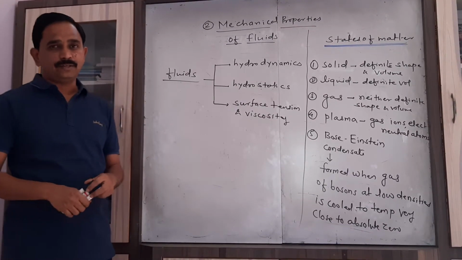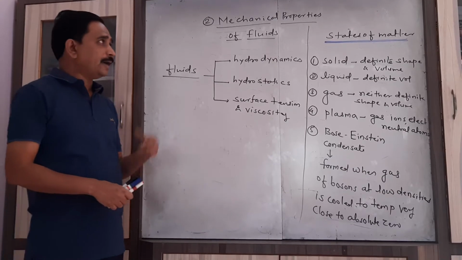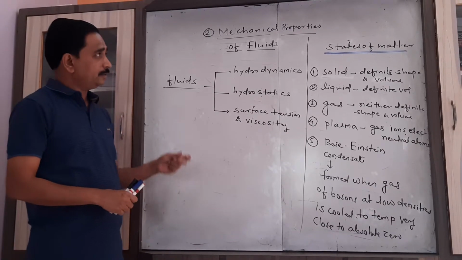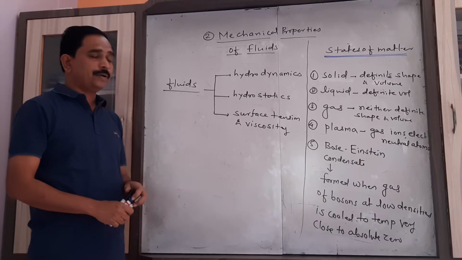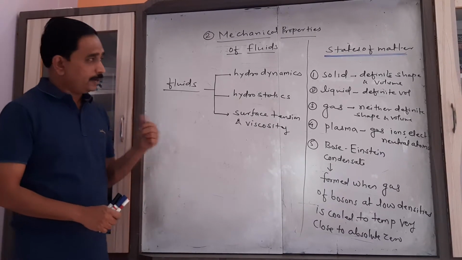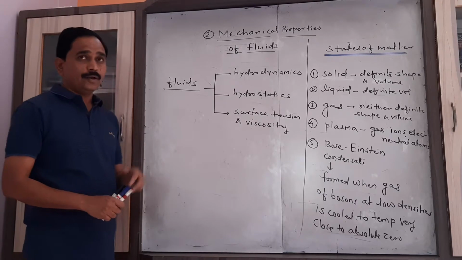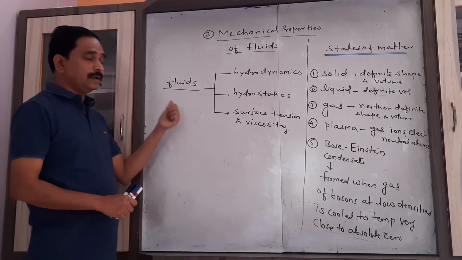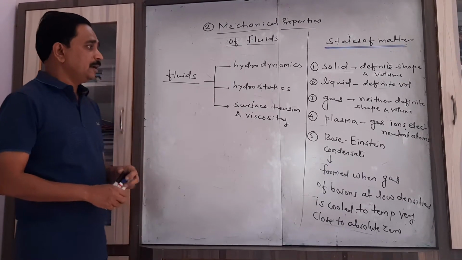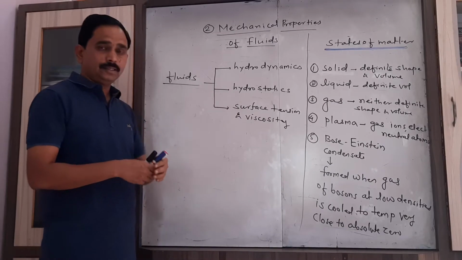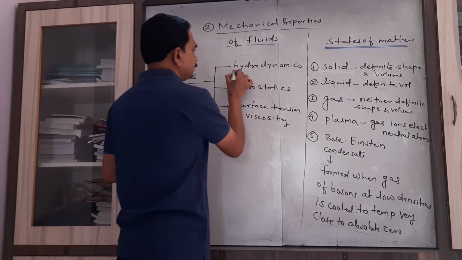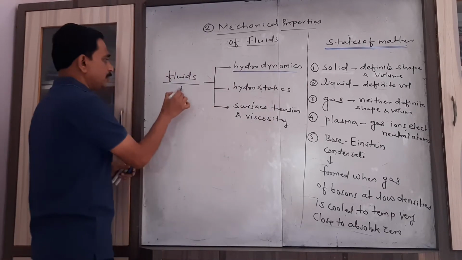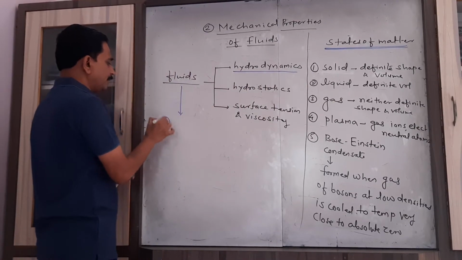After completing the first chapter, today I am going to start the second chapter, that is the mechanical properties of fluids. Now, in the second chapter, we have to study the fluids in three parts. The first part is hydrostatics. It means we have to study fluid at rest.